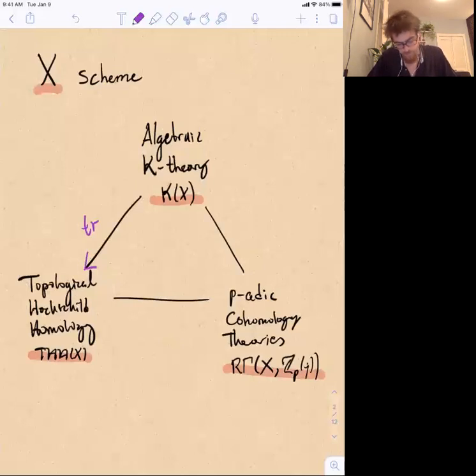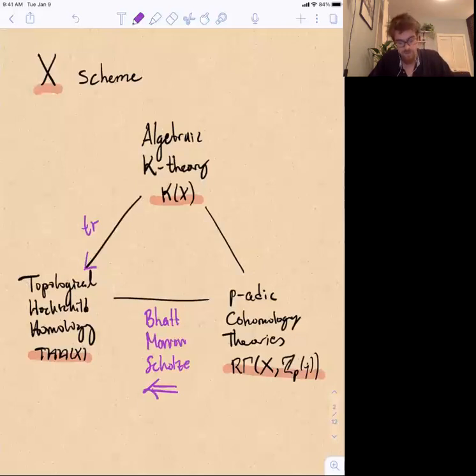The one that I'm thinking of here is the recent work of Bhatt, Morrow, and Scholze. What they realized is that you can filter the THH side to give filtrations whose associated graded pieces are expressed in terms of these p-adic cohomology theories. Another way of saying that is that you get spectral sequences from the right-hand side computing the left-hand side.